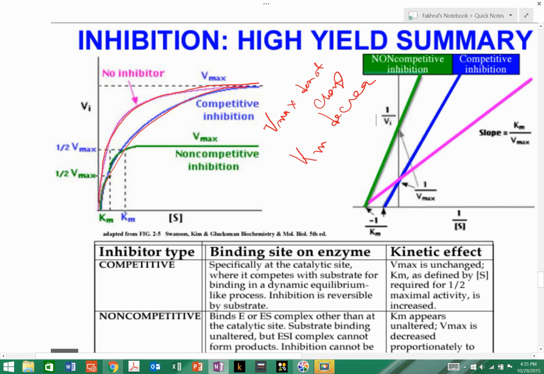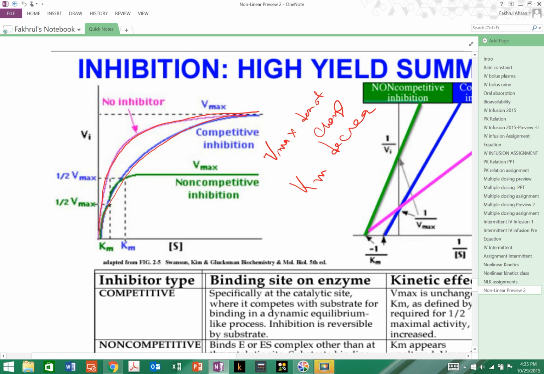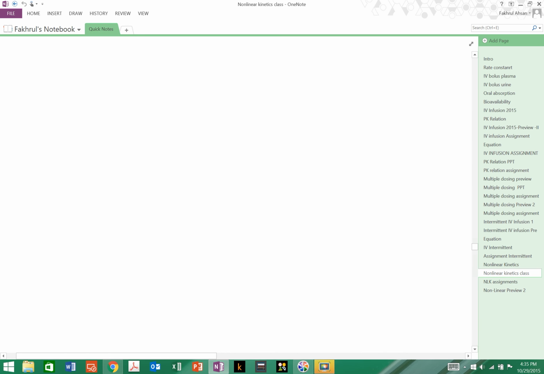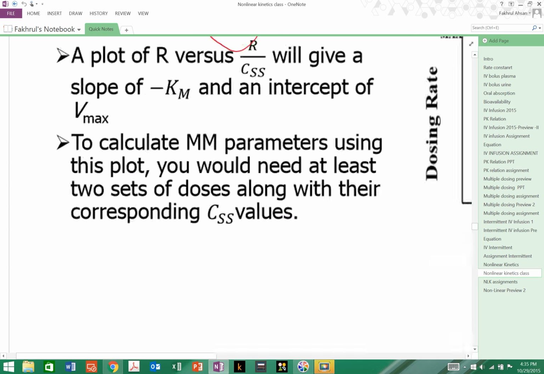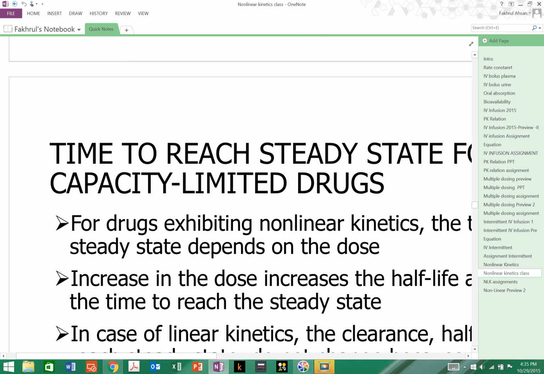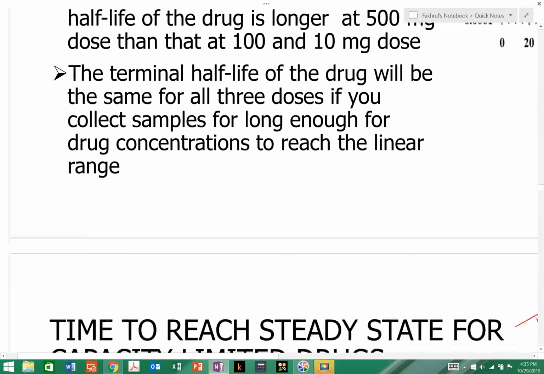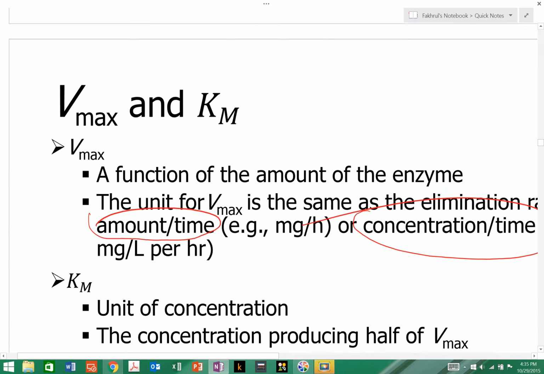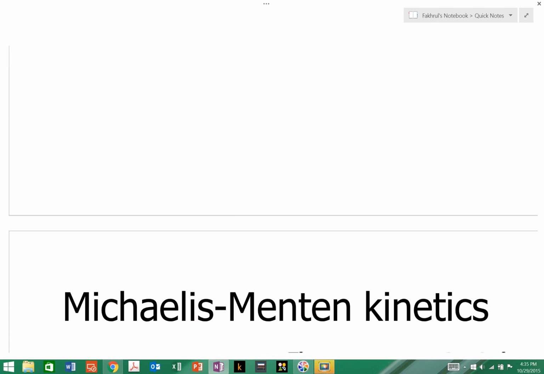in the same assignment, if you go back to the notes, I have talked about Km.